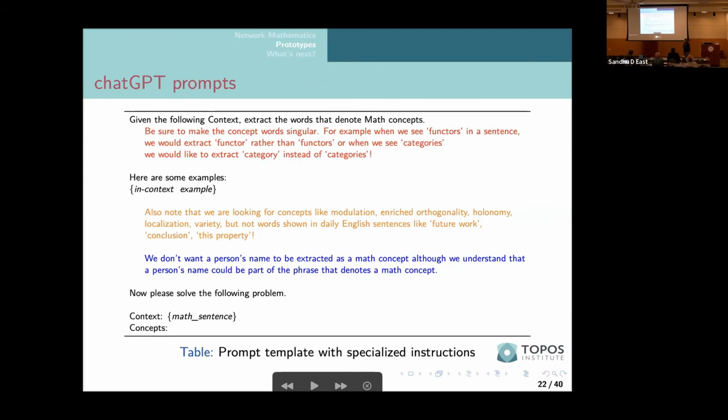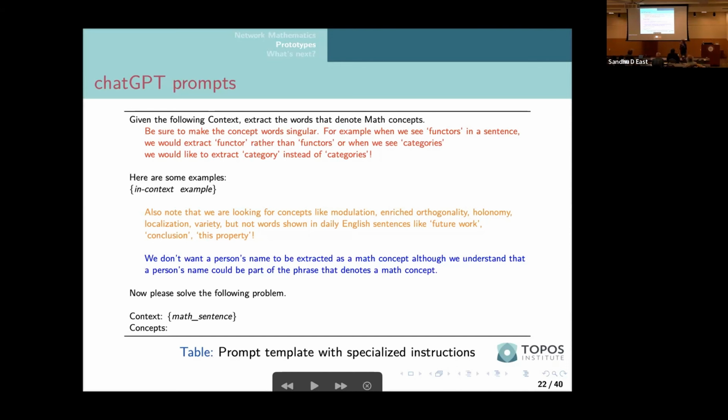If you've never seen any of this, it's everywhere at the moment on the web, so you don't have to look at mine. The only reason to look at mine is that you will recognize some terms that you wouldn't see in traditional prompts for AI. You start with a simple instruction to the AI, saying something like, be sure to make the concepts singular.